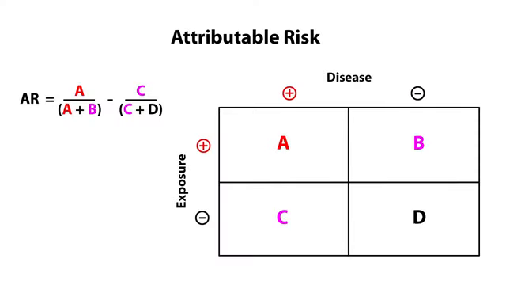Now, let's talk about attributable risk, which is slightly different. Attributable risk is the difference between the risk of disease among the exposed and the risk of the disease among the non-exposed. So this implies that there's a risk factor that is increasing the risk of the disease. There's an example in your study guide.